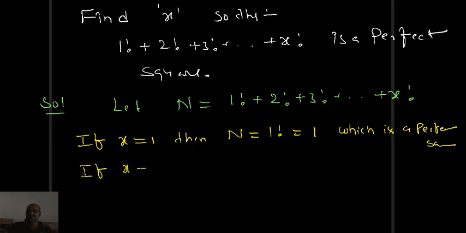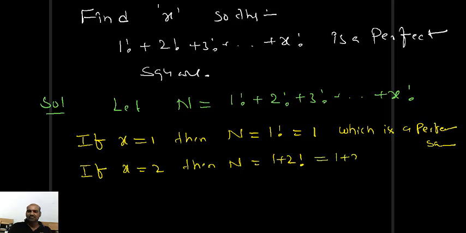If x equals 2, then n is 1 factorial plus 2 factorial, that is 1 plus 2, equal to 3, which is not a perfect square. I will write PS for my convenience, not a perfect square.